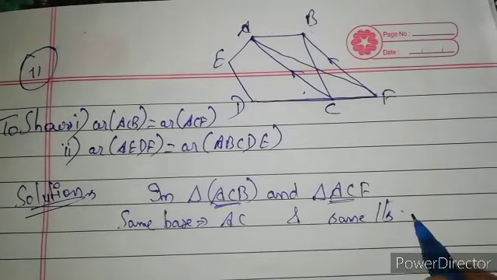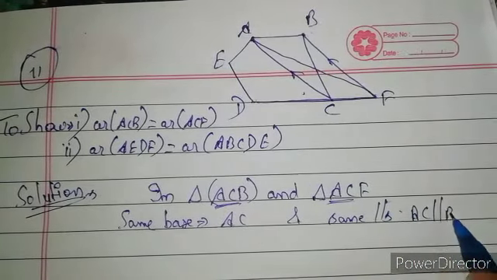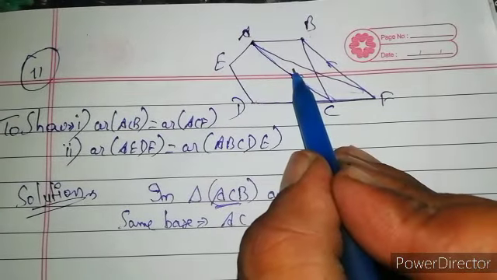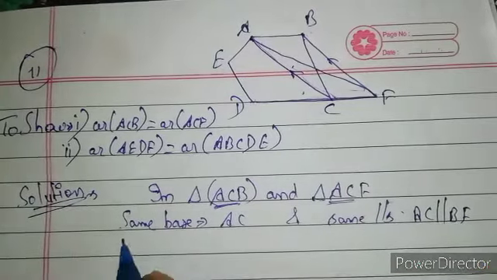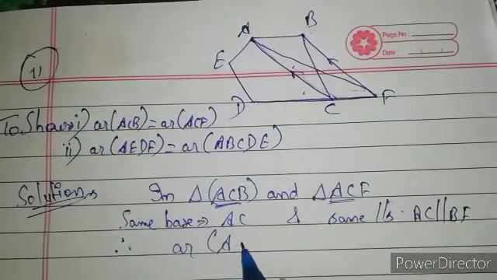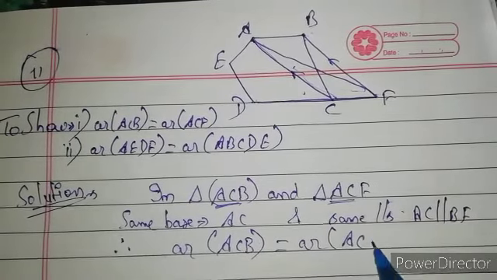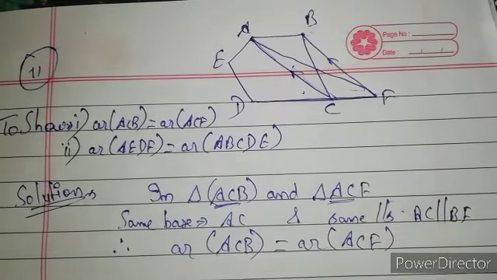So we can say that AC is parallel to BF. Now this is one triangle and this is another triangle. Okay, so they have same area, therefore area of ACB is equal to area of ACF. Okay, so one thing we have proved.